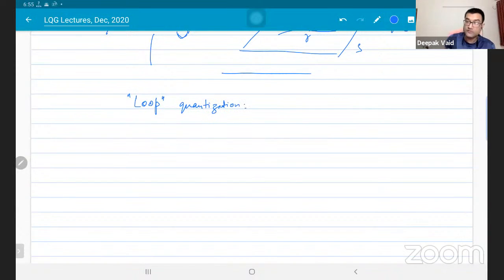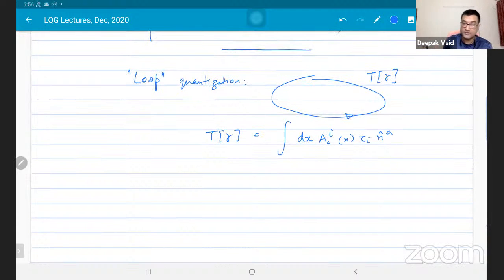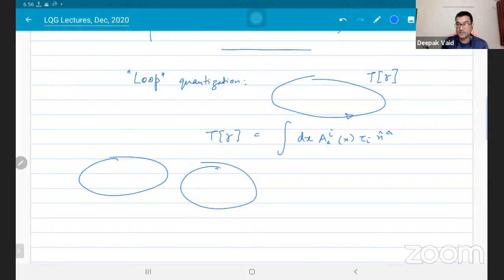For the reason that originally they defined these observables for closed loops, where T gamma was this integral along a closed loop of this connection, I x tau I, and then you had some sort of commutator algebra of the variables defined on different loops, and the commutator algebra was non-zero if the loops linked with each other and so on.